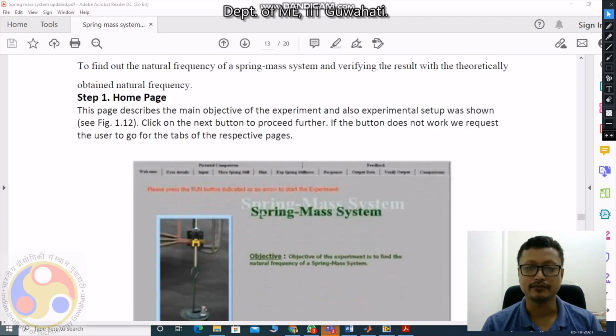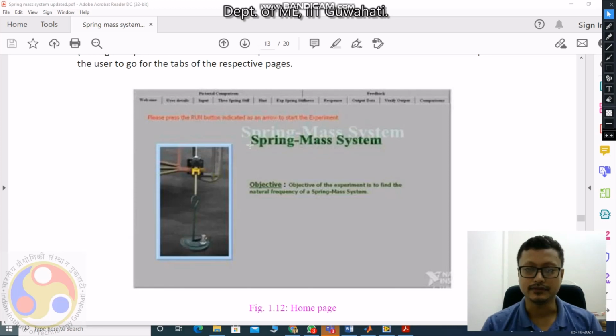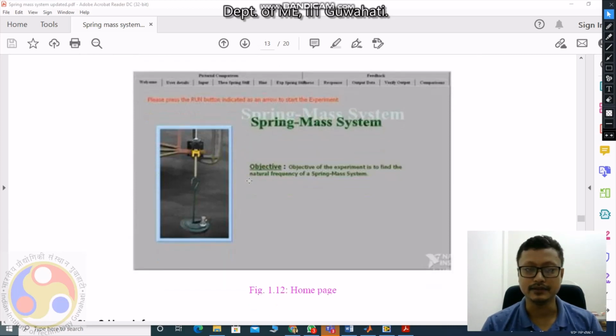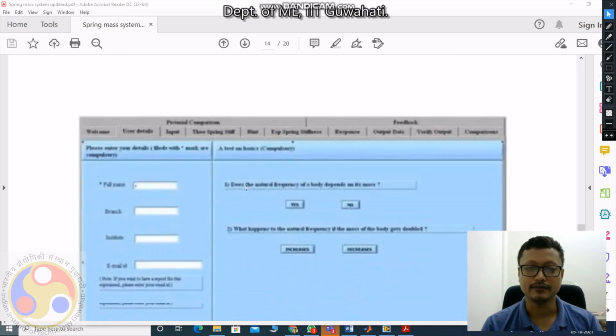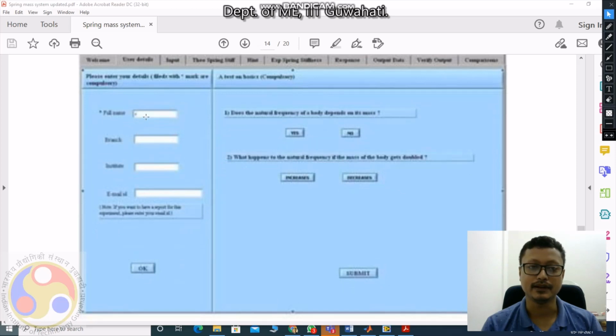There is software, and you need to install the NI LabVIEW runtime engine. You get this interface, and one by one you first fill in your name, your branch, and your email. The picture is not clear, but I will share the PDF file of this manual so you can get a clear picture.